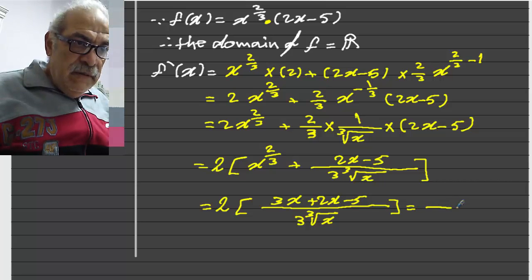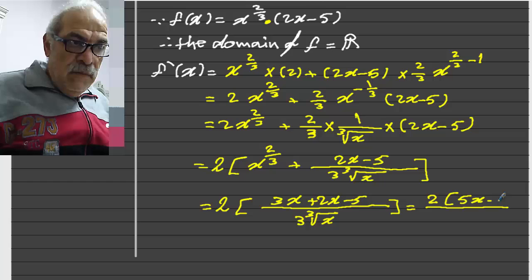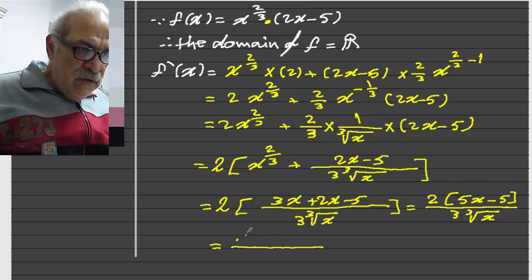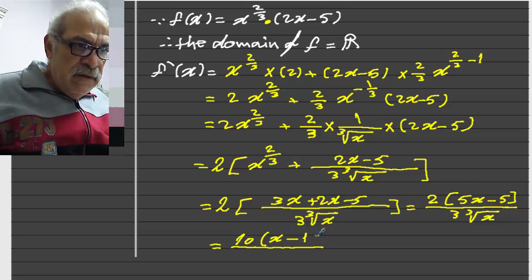It will be 2 multiply 3x plus 2x, it is 5x minus 5 over 3 cubic root of x. Then we'll take 5 as a common factor, so 5 multiplied 2 is 10 multiply x minus 1 over 3 cubic root of x.